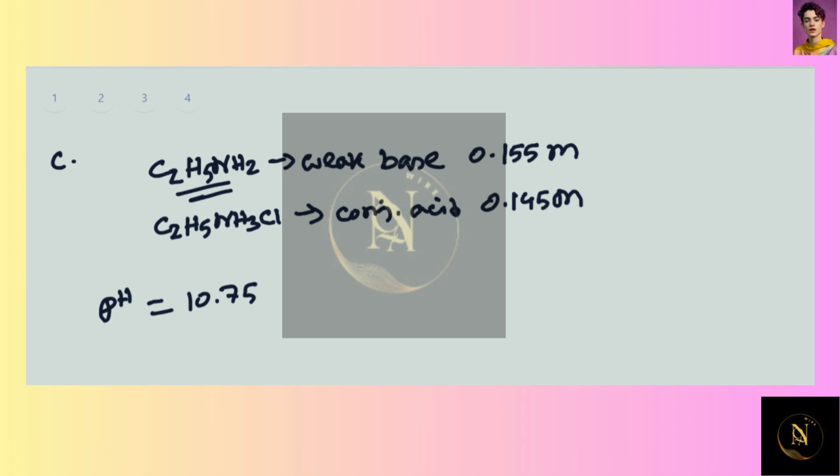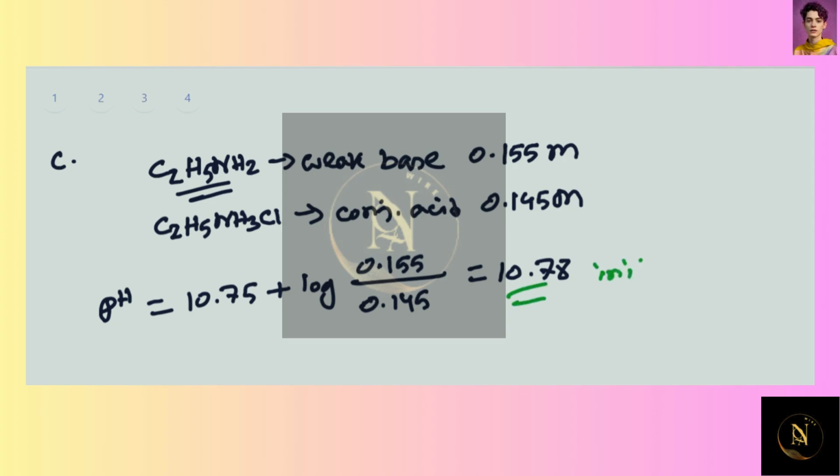This is the pKa value for this solution, and then we just add the log of our base concentration over our acid concentration, and this way we will have our initial pH of the solution as 10.78. So this is the initial pH of this solution.